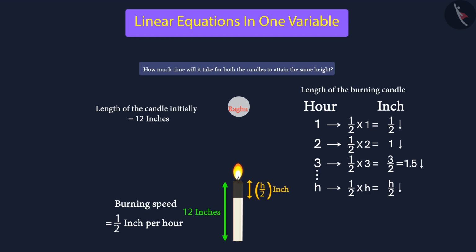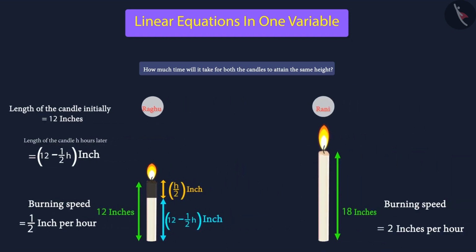Initially, Raghu's candle was 12 inches in length. So, after h hours, the length of the candle will be 12 minus 1/2 times h inches.